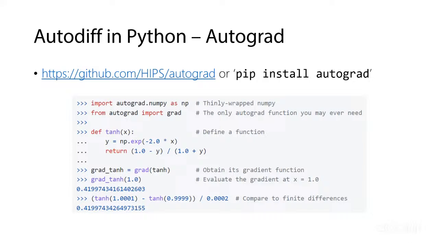But there's a non-PyTorch version of automatic gradient or automatic differentiation called AutoGrad. AutoGrad can be imported like this. It's a very clever way.